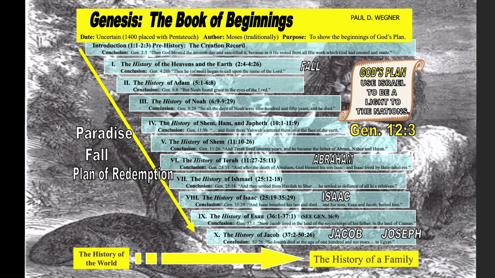My understanding is you've got a structure here with an introduction, and I've called them conclusions. 2:3 says God blessed the seventh day and sanctified it because he rested from all the work that he had made and created, and then it goes into the history of the heavens and the earth. So I see. It's almost like a little conclusion there that leads into the next thing. I think that's neat.